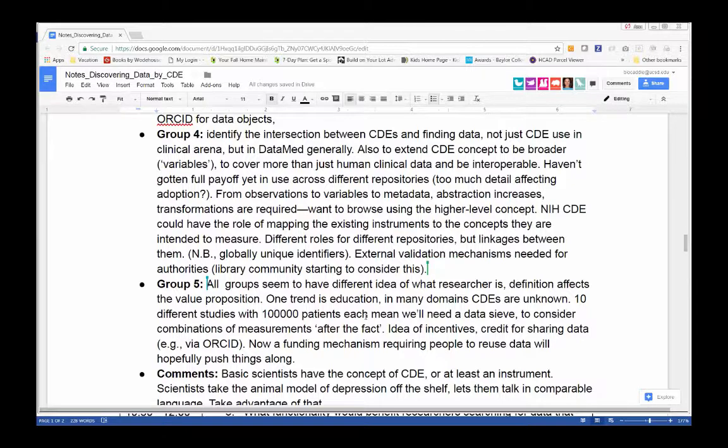Some of them now include results from biomarkers, and they include many scales like depression and anxiety scales that appear in the NLM repository, not to mention all the demographic data. So when we're talking about CDEs, the classifications being done for the clinical world actually have implications for other domains as well.